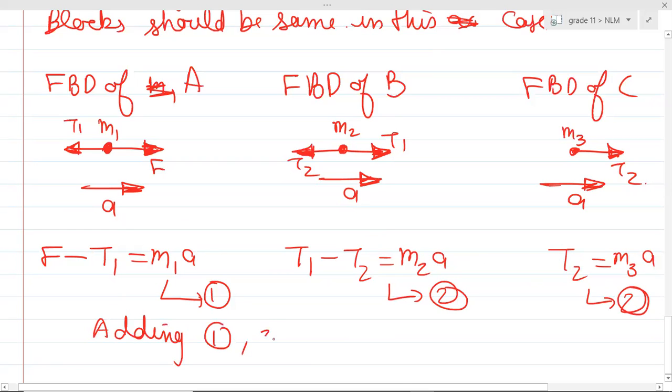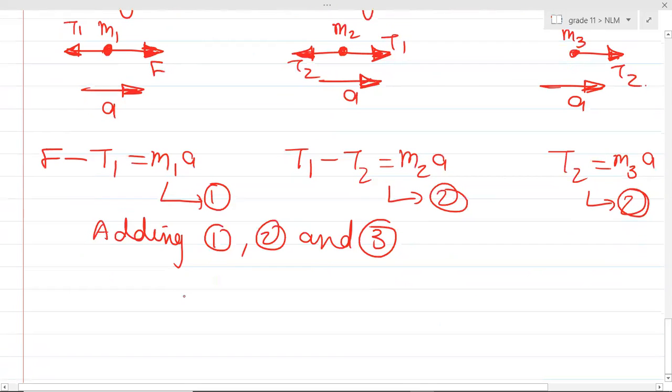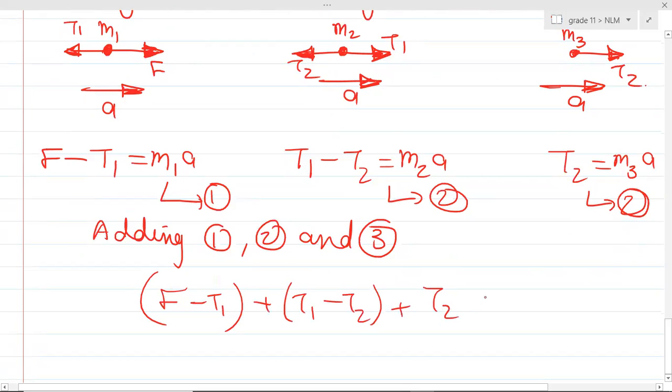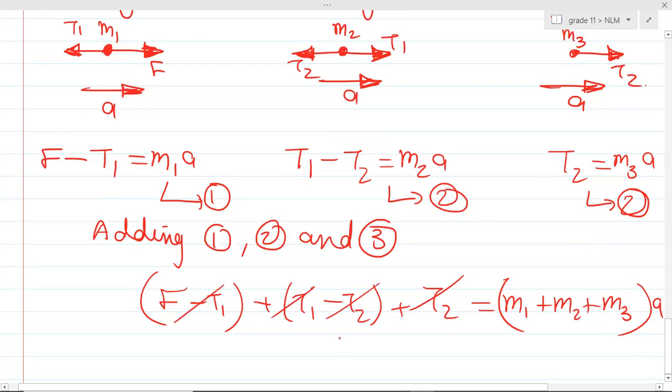So on adding 1, 2, and 3, we will get F minus T1 plus T1 minus T2 plus T2 is equal to (M1 plus M2 plus M3) into A. Yes or no? Can you see from here, guys?